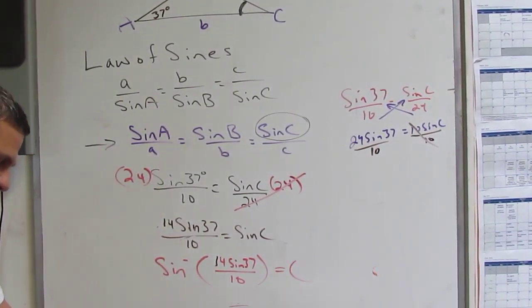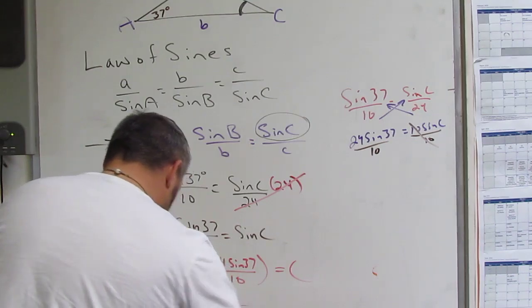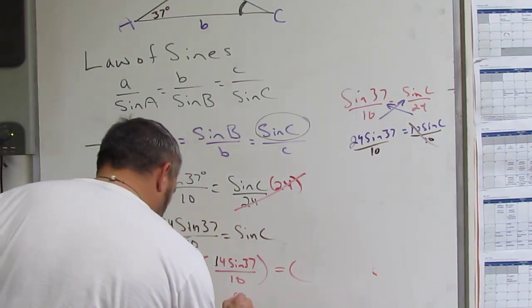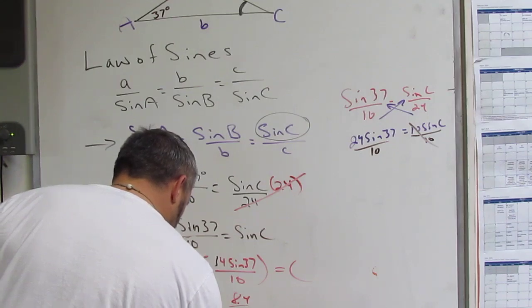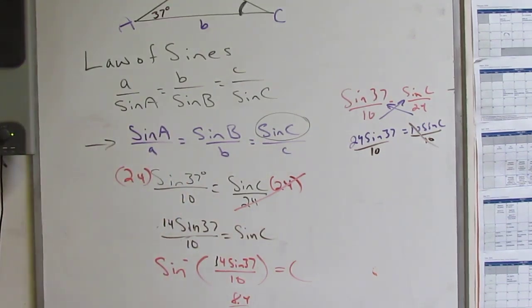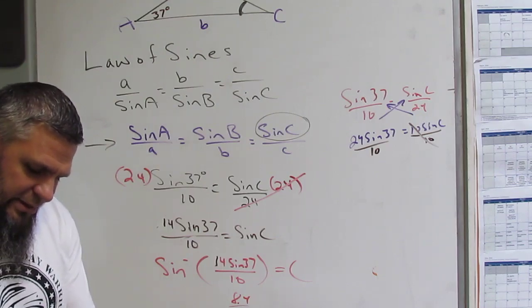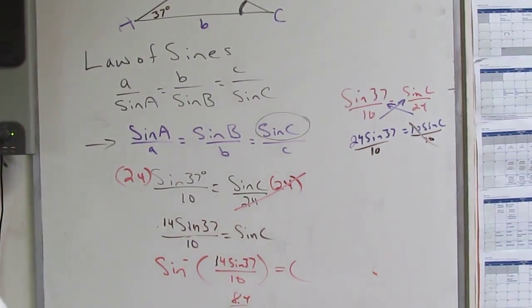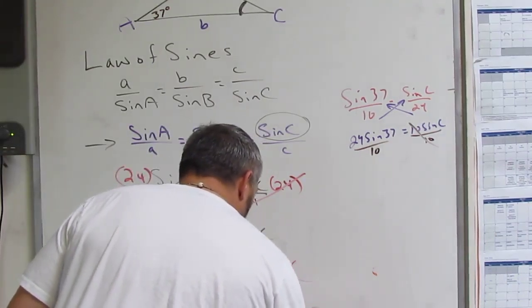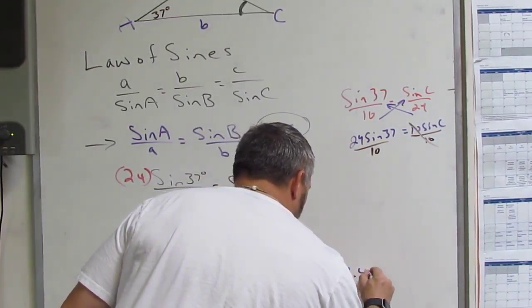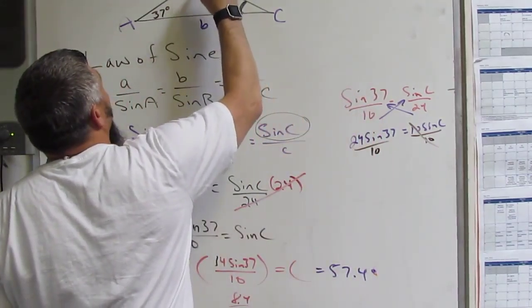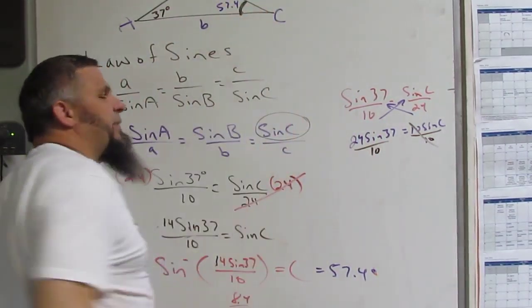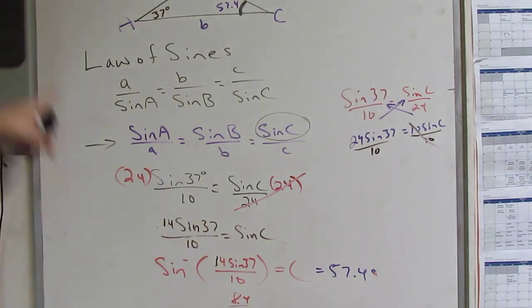Equals, divided by 10, equals, now I'm getting 0.84, which is 0.8. This should work because it's less than 1, right? Then I hit second sine and then second negative and I get 57.4 degrees. So when I do all this, I get 57.4 degrees for C.